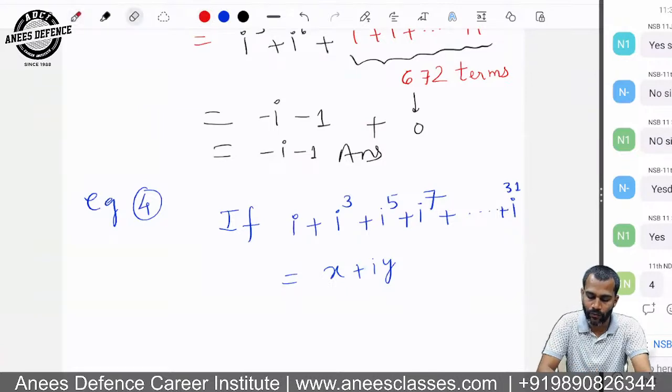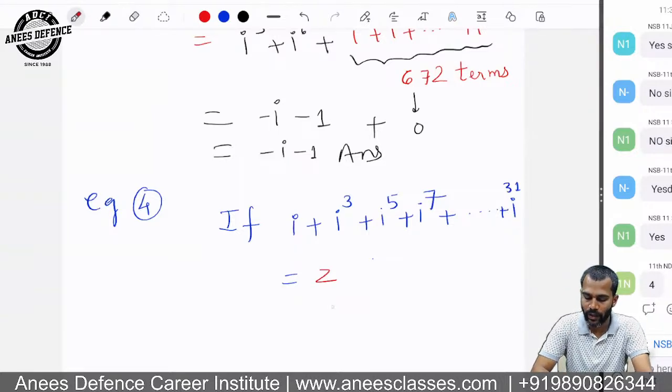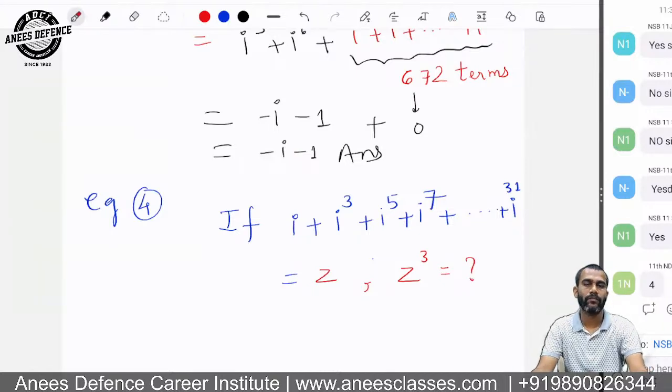Or instead of x plus iy, just take it as z equal to this. z is a complex number. You need to find the value of z cube. Very easy. Please try to solve it.